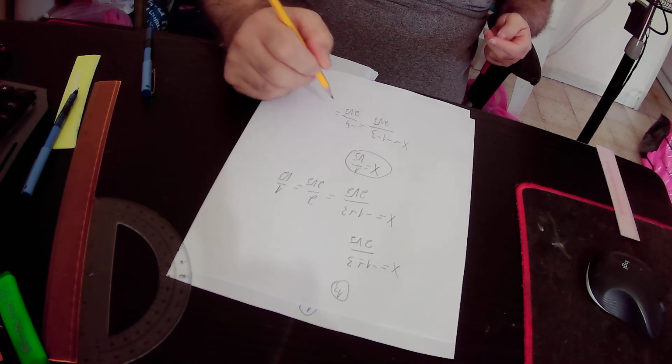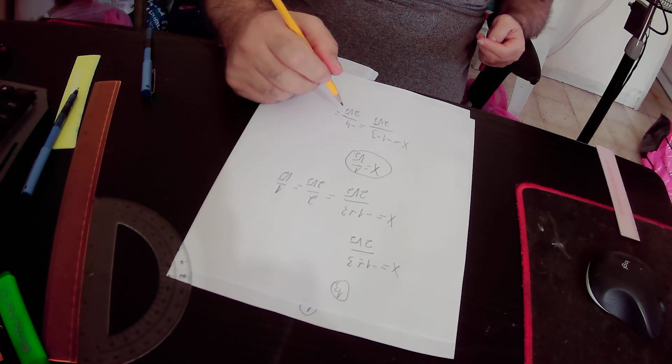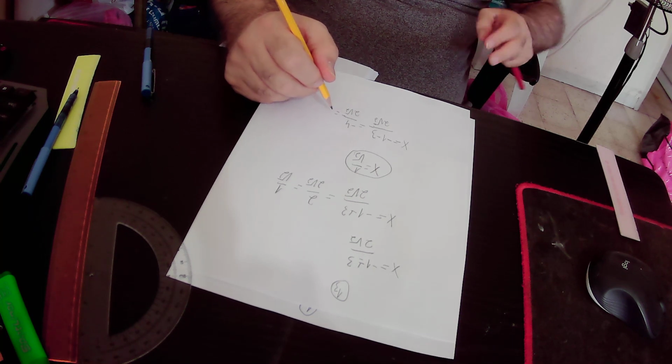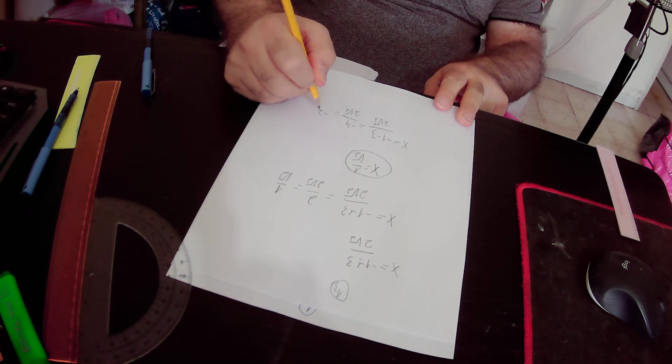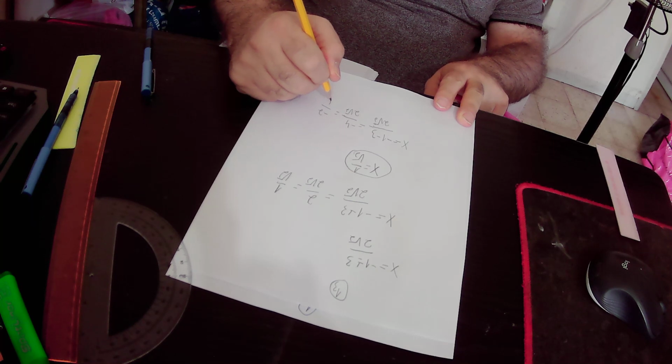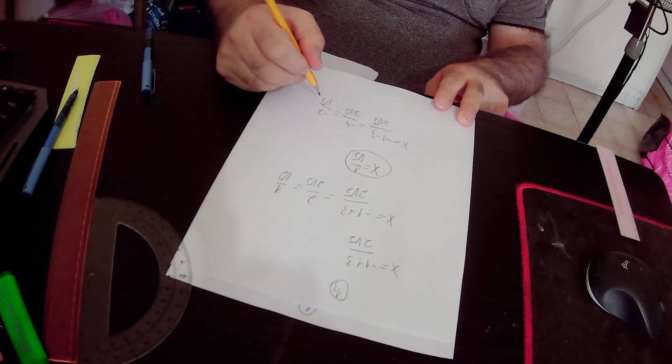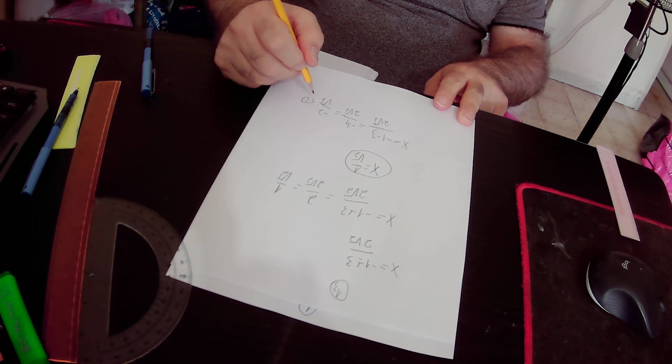And minus 4 over 2 is minus 2. We got that x equals minus 2 over root 2, that is less than 0. It is a negative number.